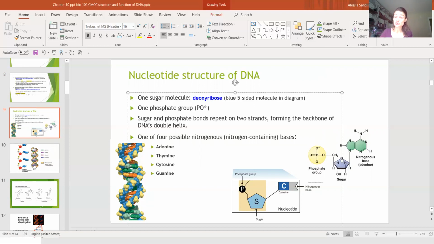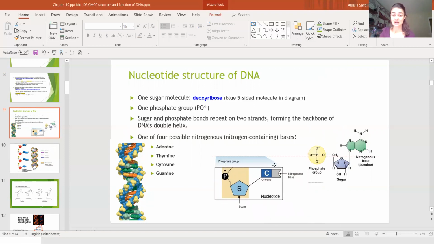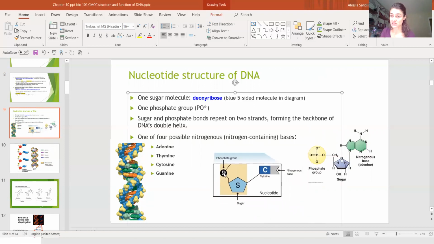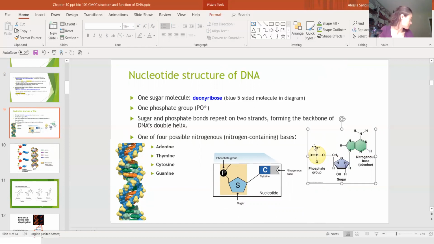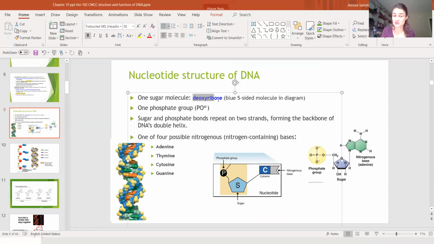So what is a nucleotide? A nucleotide actually looks like this. A nucleotide has a phosphate group, which is just a P, phosphorus, with a bunch of oxygens. This phosphate group is connected to a sugar molecule. It's really important to remember, the sugar that makes up DNA is known as deoxyribose.